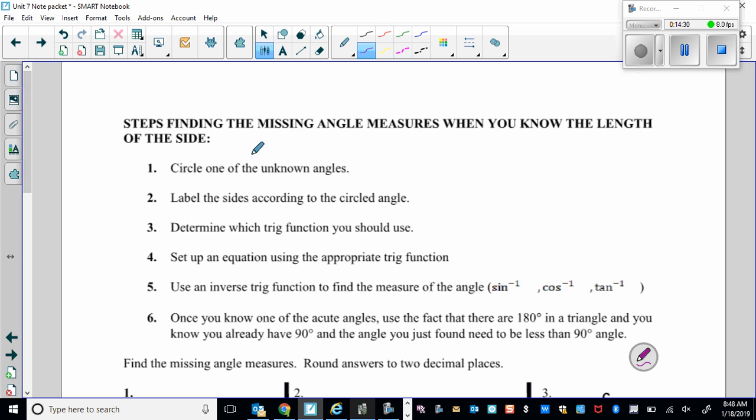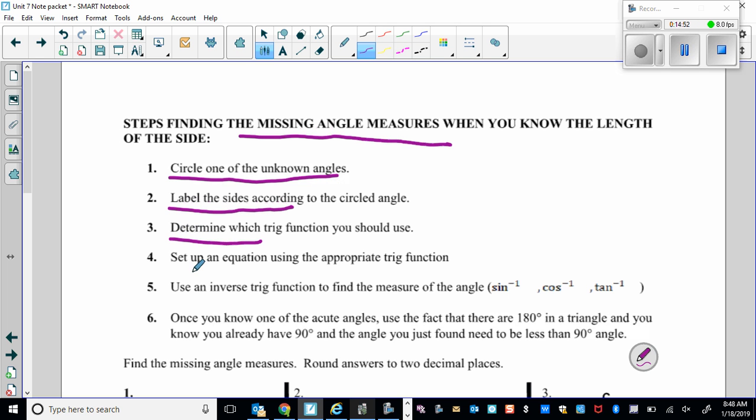So this is the side when you're trying to find the missing angle measure when you don't know the side. So again, the steps are the same. Circle one of the unknown angles. Okay, label the side according to the circled angle, opposite, adjacent, hypotenuse. Determine which trig ratio to use.